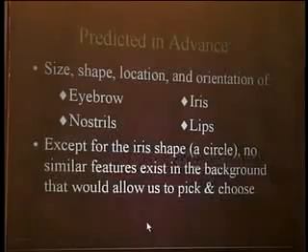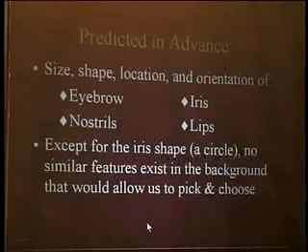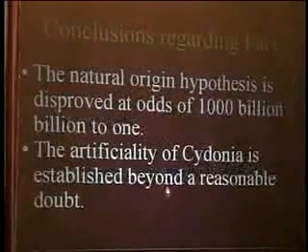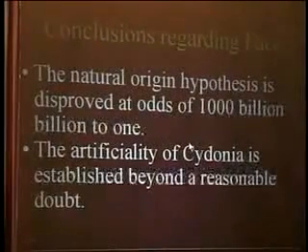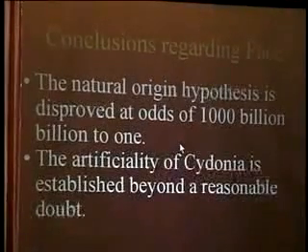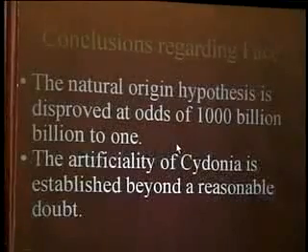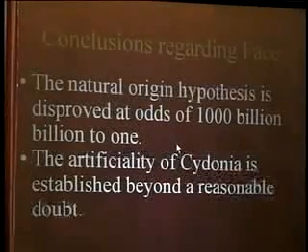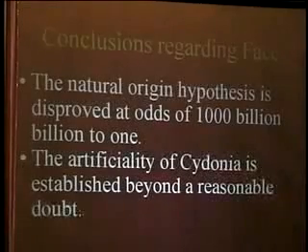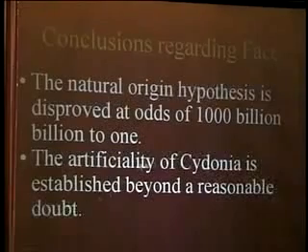The fact that there is no background of similar features means that the calculations are statistically significant to a scientist. The combined odds of this feature arising as a product of nature or the chance origin hypothesis are 1,000 billion to 1. The artificiality of Cydonia is therefore established beyond a reasonable doubt, the Cydonia face.